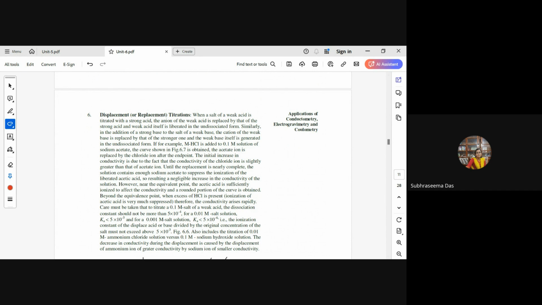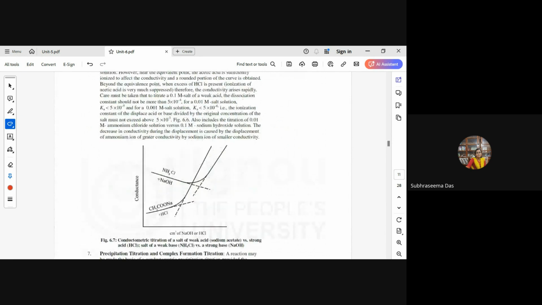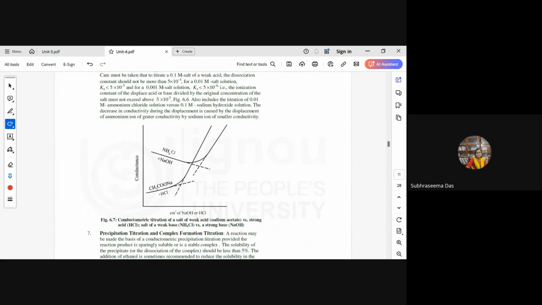Similarly, when you add a strong acid to the salt of a weak base, the cation disintegrates, and the weak base remains as such in its undissociated form. For example, if HCl is added to 0.1 molar sodium acetate, the curve shown in 6.7 is formed.